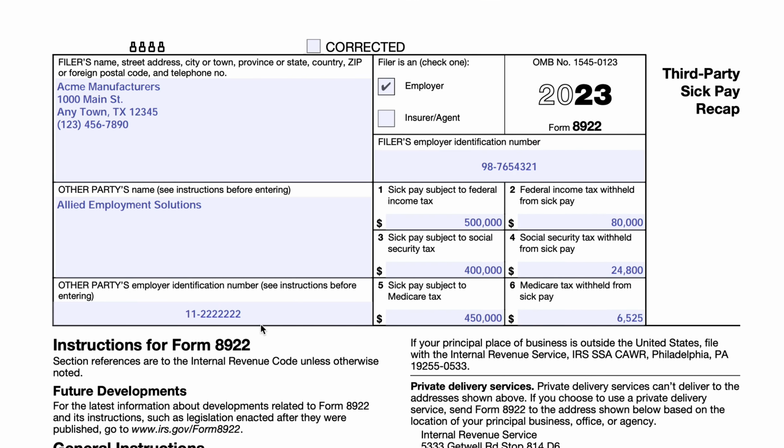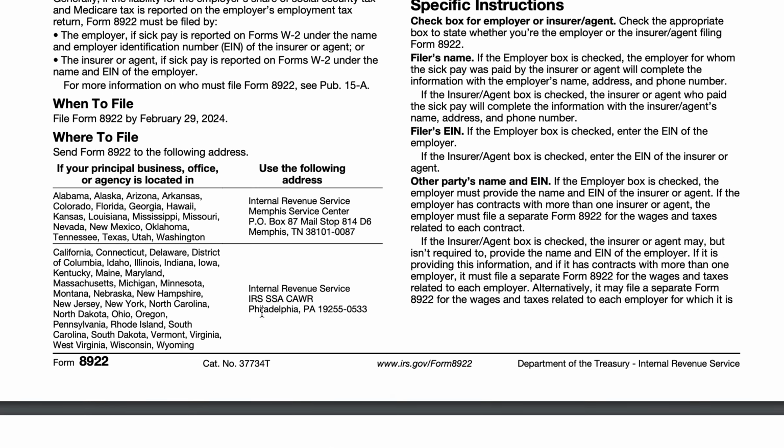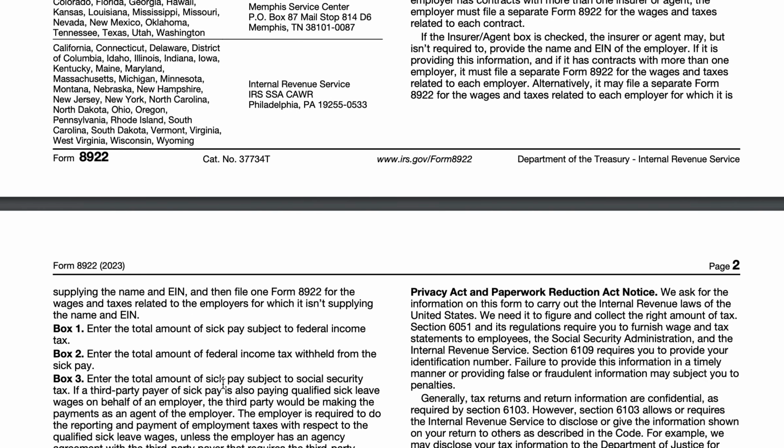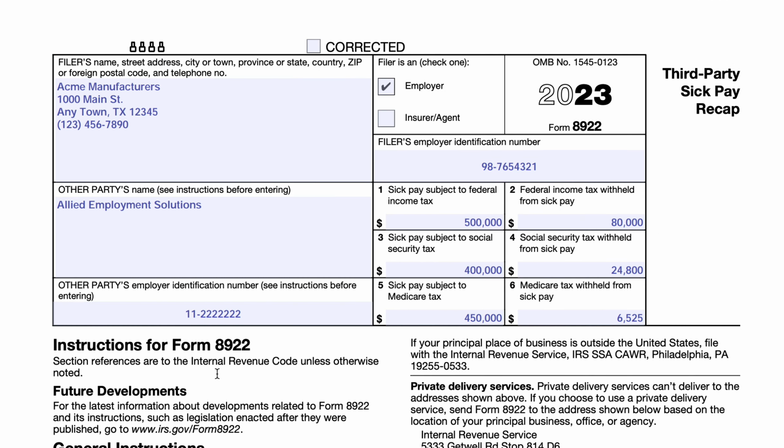One, they can just create a separate form 8922 for each employer that they work with, or they can create a unique one for which they issued pay, and then create a summary document, so to speak, of one form 8922 for the wages and taxes related to the employers for which they're not providing the name and employer ID number.